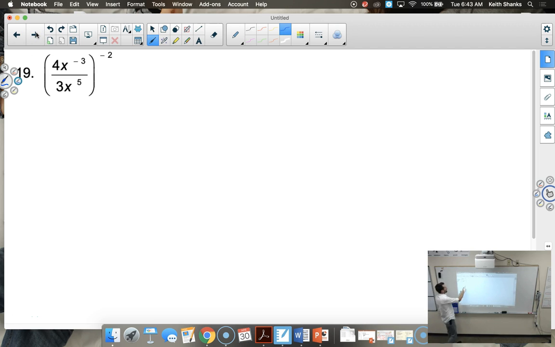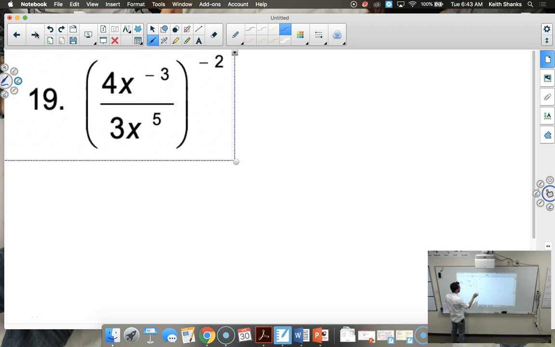All right. Number 19 and 20, they're very similar. What I would do is, first off, see if I can reduce my fractions or change this in here first. That's always my thought process, if I can do that. Before I do that, right, parentheses first. So I look at this, I can't reduce my fractions, but I can take care of these x's.